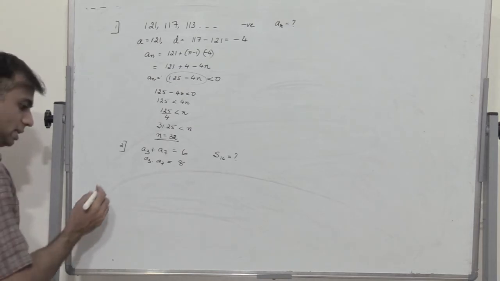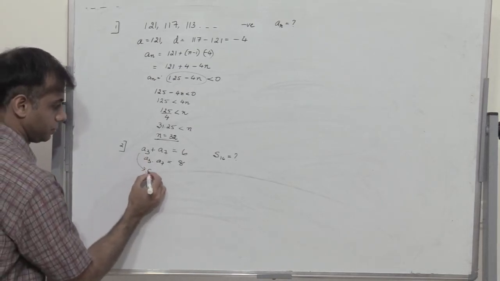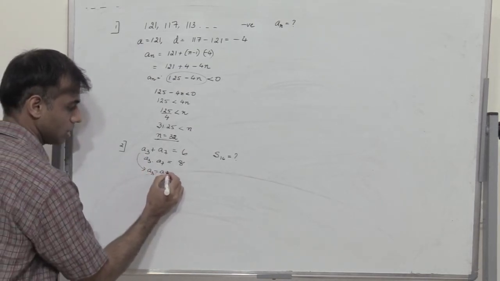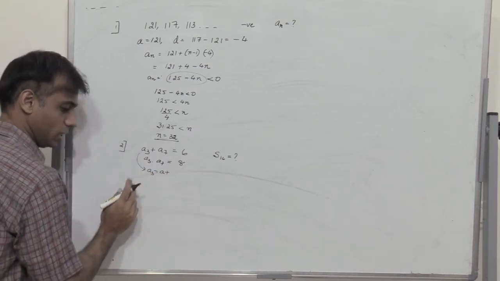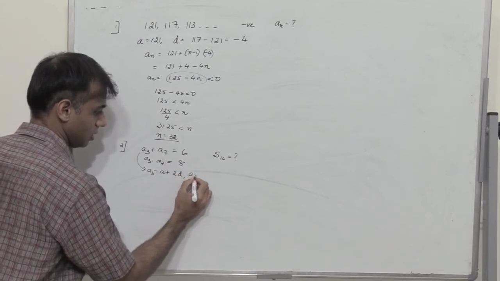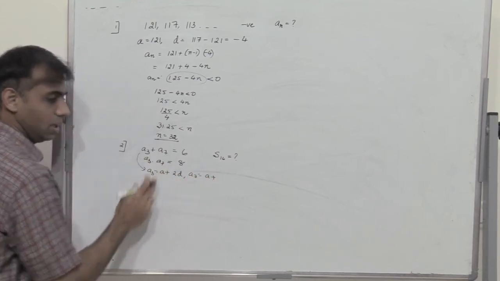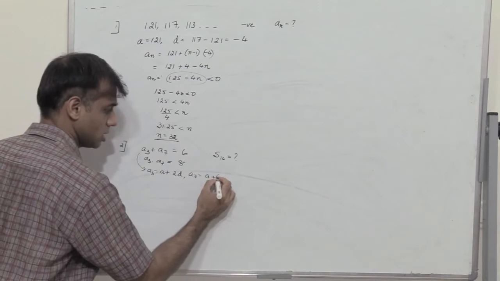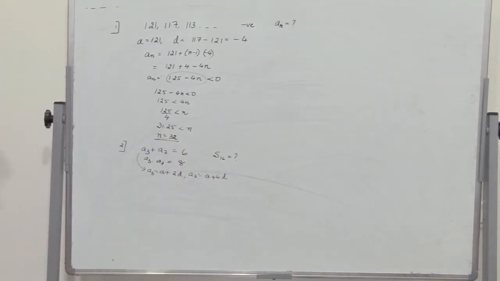So we know that a3 is a plus n minus 1, 3 minus 1 into d, which is 2d. And similarly a7 is a plus n minus 1, 7 minus 1, which is 6d.